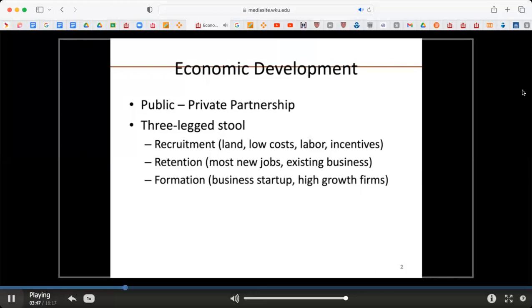The second leg of the stool is retention and business retention programs. Most new jobs in any given community are really created by the businesses that are already there by growing or expanding, remaining competitive, remaining in the community. So keeping them in the community, but also allowing them to compete for expansions and to grow their business through the community.